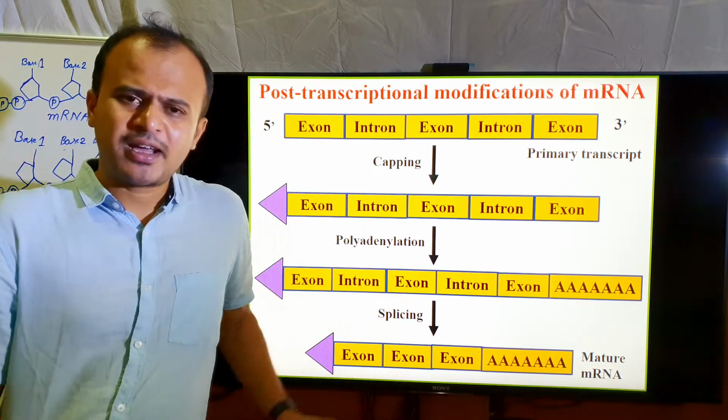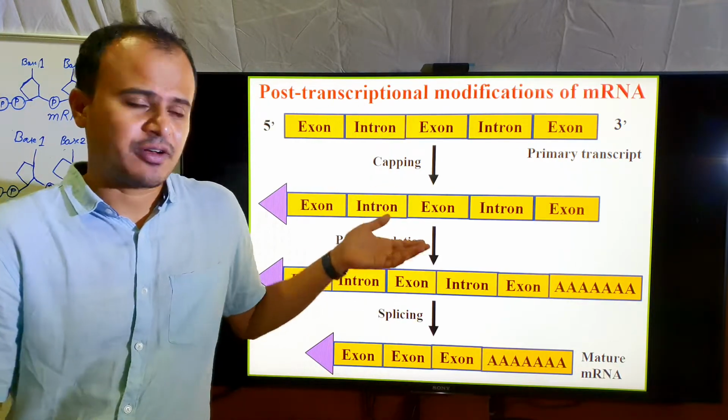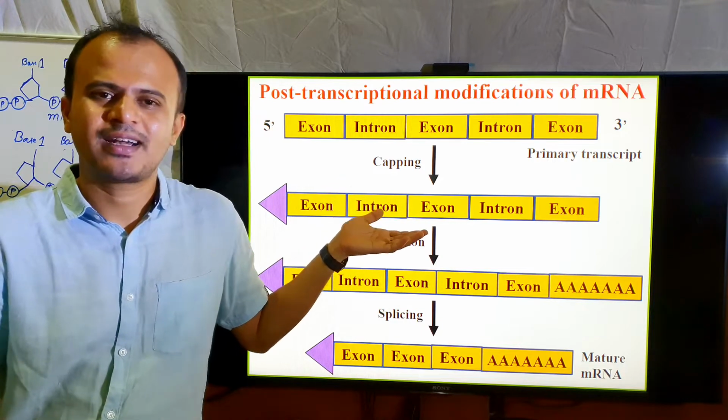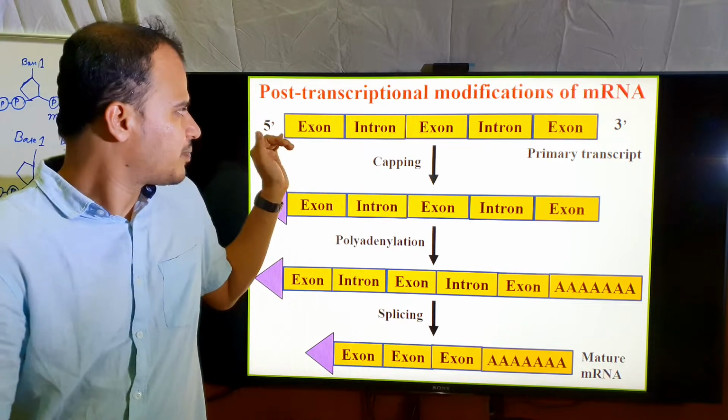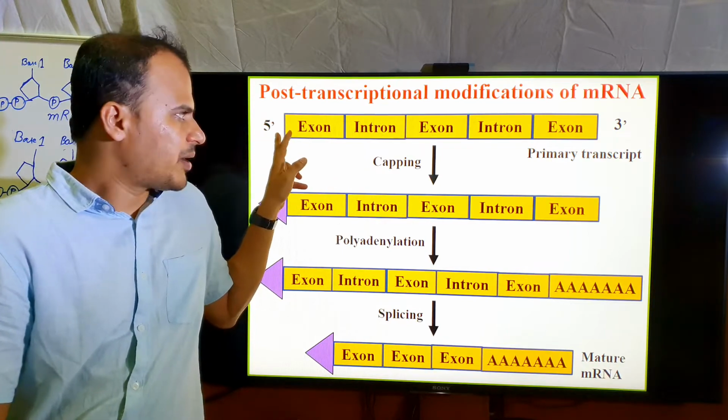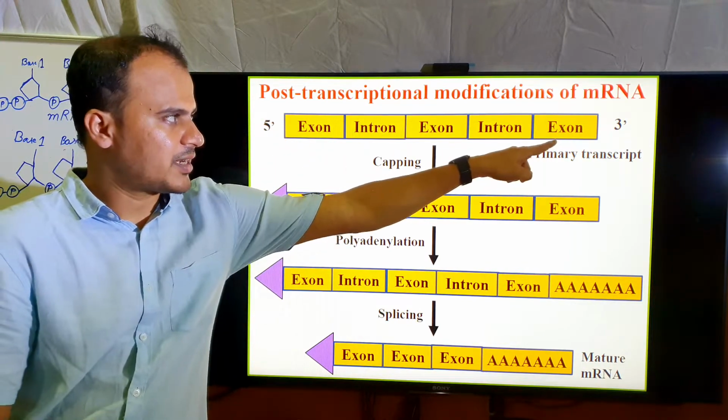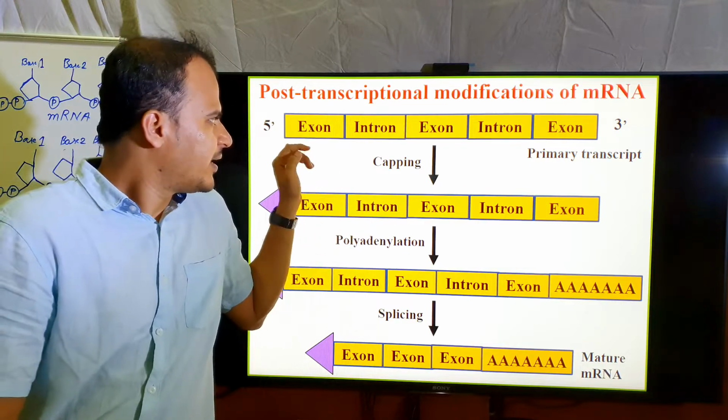So this is the diagrammatic representation which I have drawn to explain how exactly RNA is processed. So this is the 5' end of the RNA, the other side is the 3' end of the RNA.